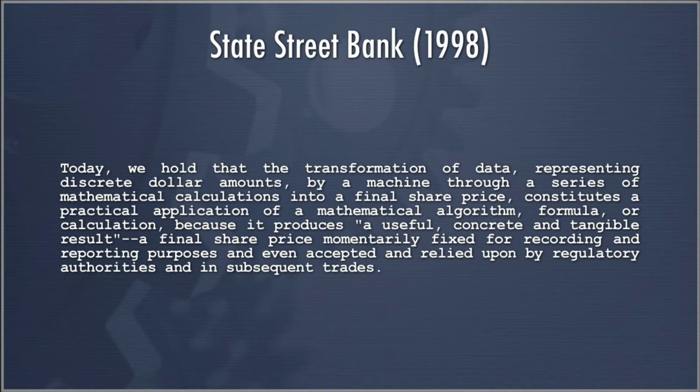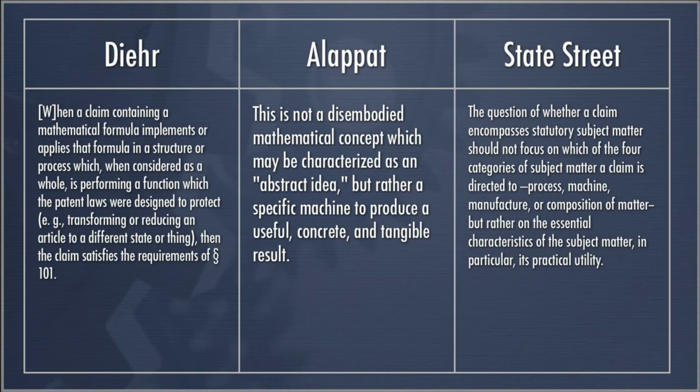The key thing to understand here is to look at the way that this language has developed over the years. So Diehr suggests that transforming still uses Gottschalk's transforming or reducing language, although it says e.g., as for example. Alappat moves a little further and says, no, it's really useful, concrete, and tangible that is all that really matters. That's the touchstone, right?